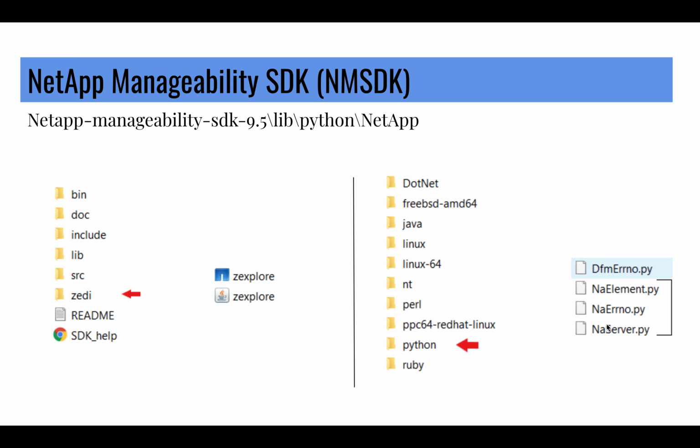These files should be copied to your local system, and you can have the path for these files in your scripts, so that the script can use these libraries for automation or for using the APIs.